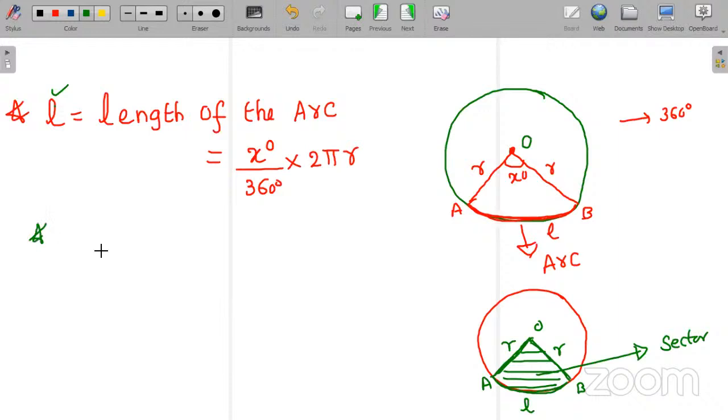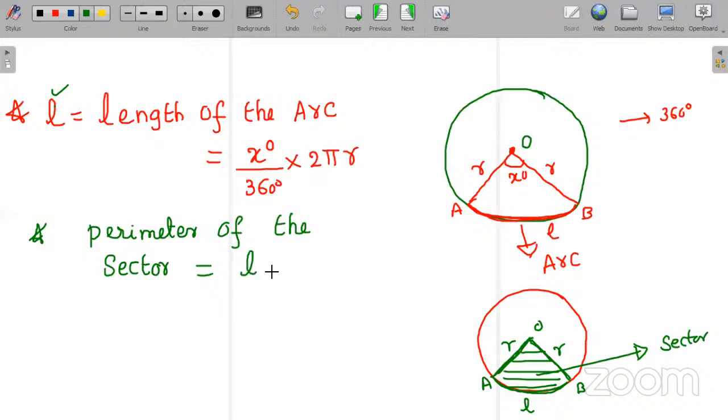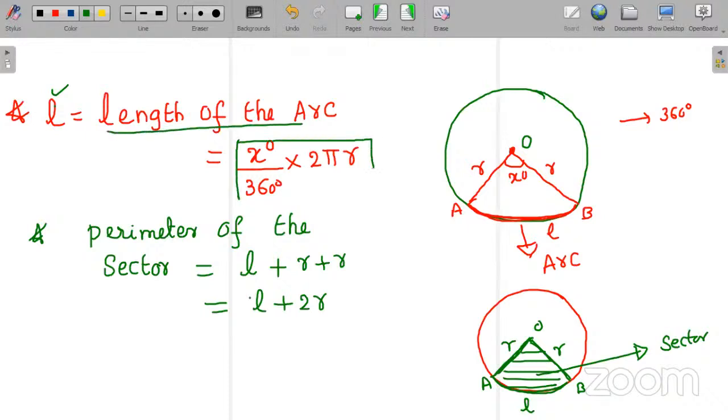So the perimeter of the sector is equal to the length of the arc L plus r plus r, that is equal to L plus 2r. You must remember L is nothing but this one only. L can be calculated using this formula, plus 2 times the radius or the diameter also. You can write L plus D also.